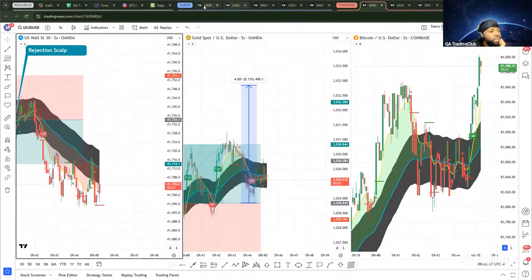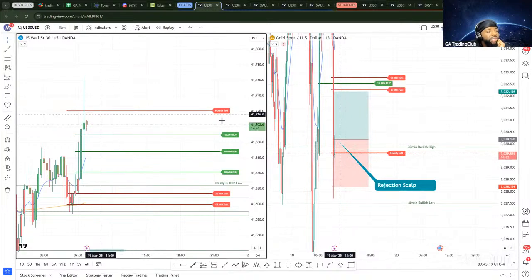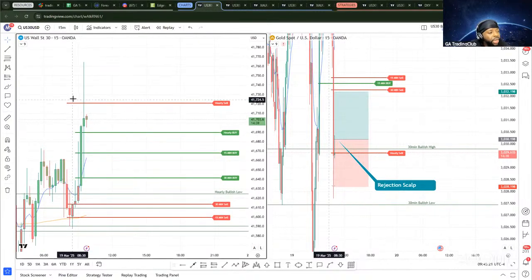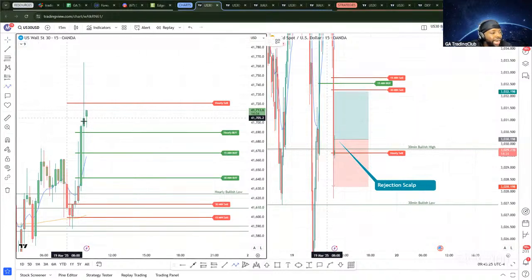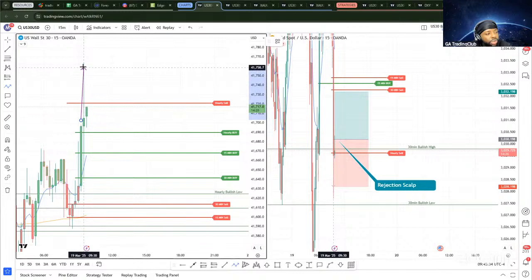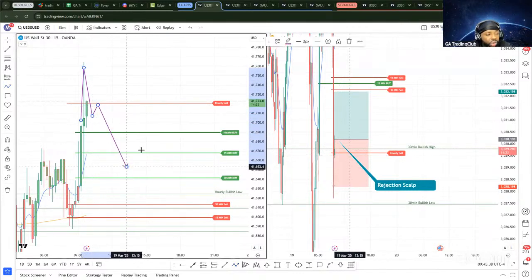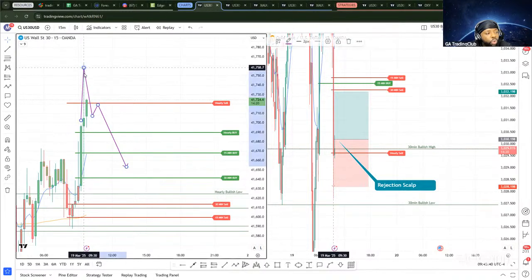Okay. So let's see if we get any other rejection. So this is the idea of rejection scalps, right? The anticipation is that once the first candle to interact with the rejection area goes through it, the expectation is that it will come back and close down below. So that is the whole idea of rejection scalps, that you're trying to ride this move back down to the downside because you're anticipating that the candle will close below that rejection area.